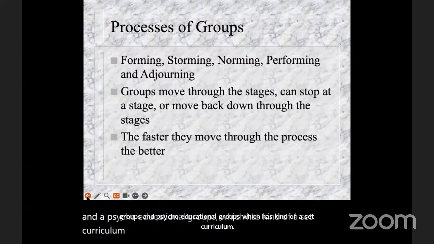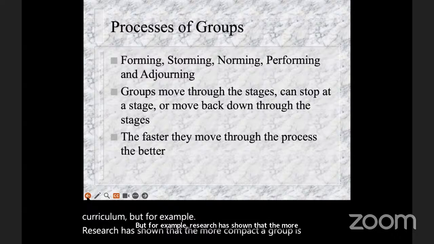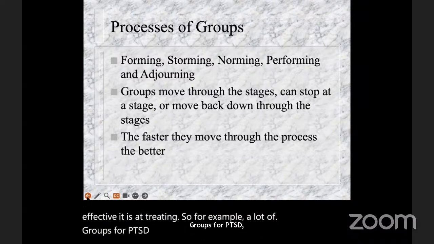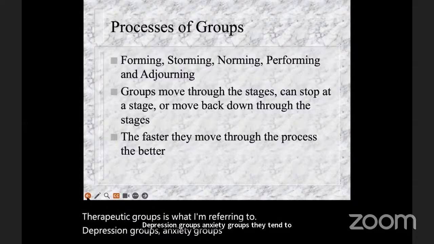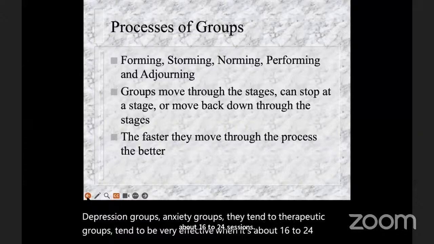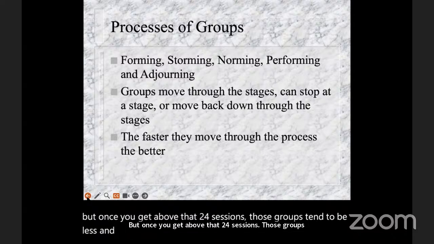Research has shown that the more compact a group is, the more effective it is at treating. For example, therapeutic groups for PTSD, trauma, depression, and anxiety tend to be very effective when it's about 16 to 24 sessions. But once you get above 24 sessions, those groups tend to be less and less efficient.